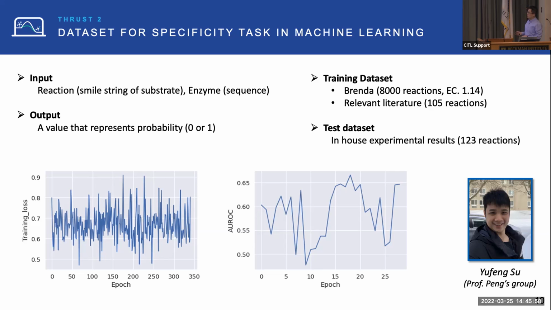I think it may be limited by the current data set, and maybe we can also do more modification of the models. This part is mainly supported by Yufeng Su, a graduate student from Professor Peng's group.